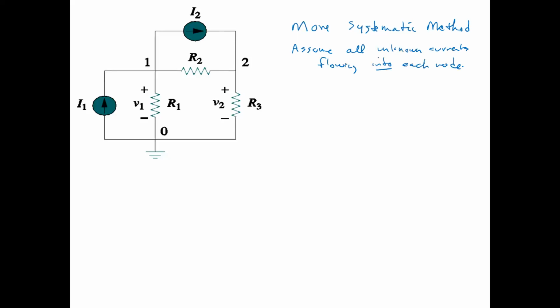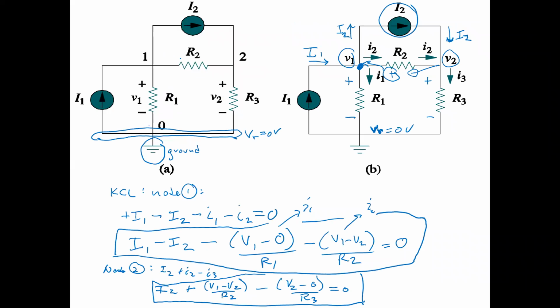And what I mean by that is, what if we assumed that we want to find this current and this current, instead of the way we did it here, where those currents were flowing in the opposite direction?